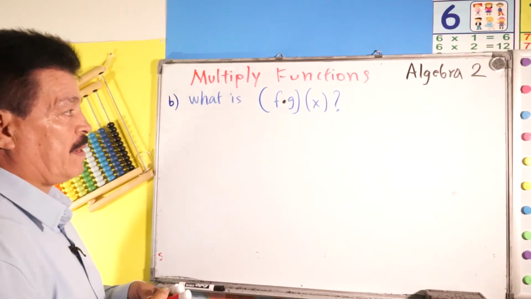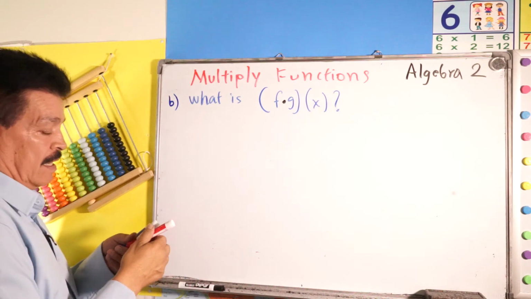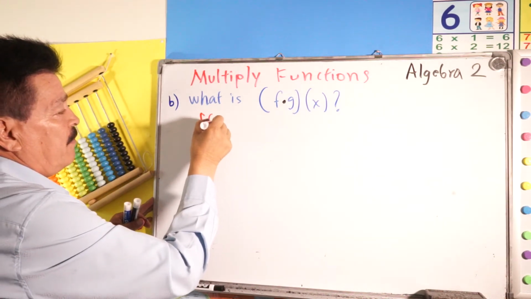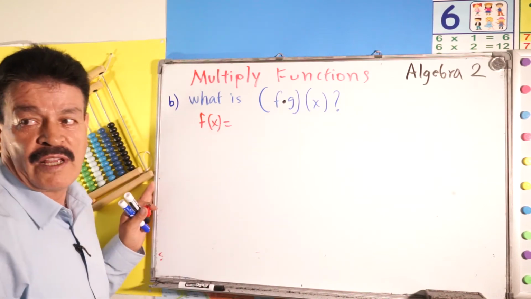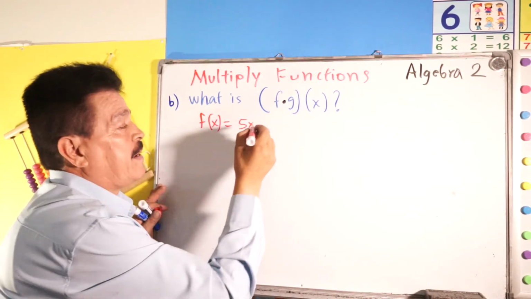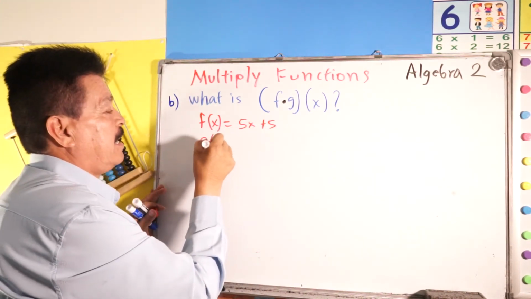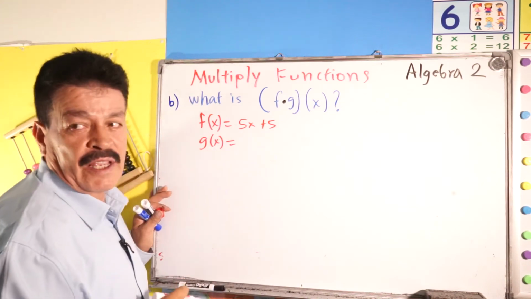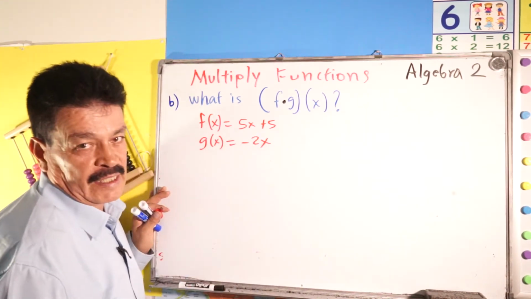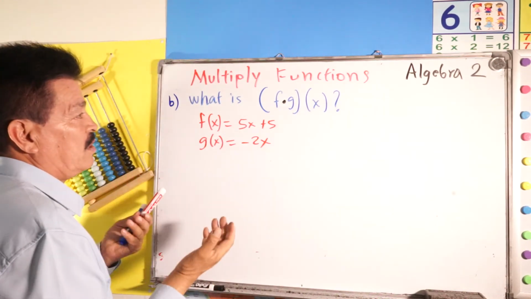So the last problem is, in this example, f of x will equal 5x plus 5, all right? Next, g of x will equal negative 2x. Easy, right?